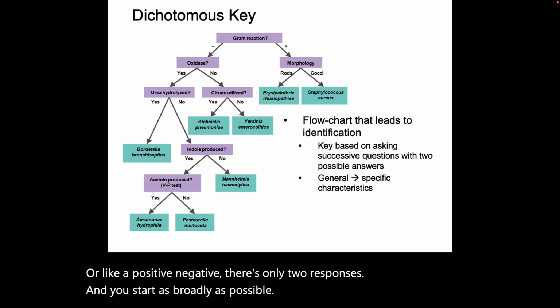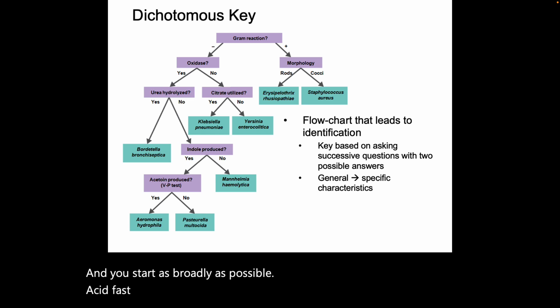Acid fast, gram stain. And then you get more specific. Gram positive, coccus, catalase positive, ferments mannitol, coagulase positive, Staph aureus. You end up getting to that point.